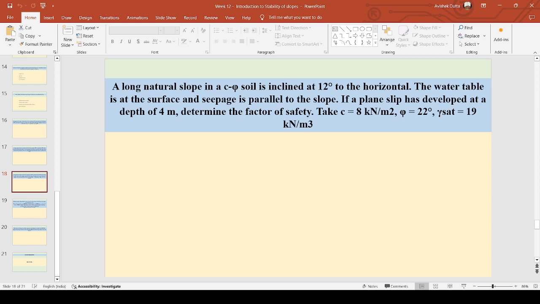If a plane slip has developed at a depth of 4 meter from the surface of the slope, it means, when I say a depth of 4 meter, from the sloping surface, a plane slip has developed. So in this case, determine the factor of safety. Take cohesion as 8 kilonewton per meter square, friction as 22 degree, and gamma sat, that is the saturated unit weight, as 19 kilonewton per meter cube. I hope the problem was clear. I'll go to the next question.